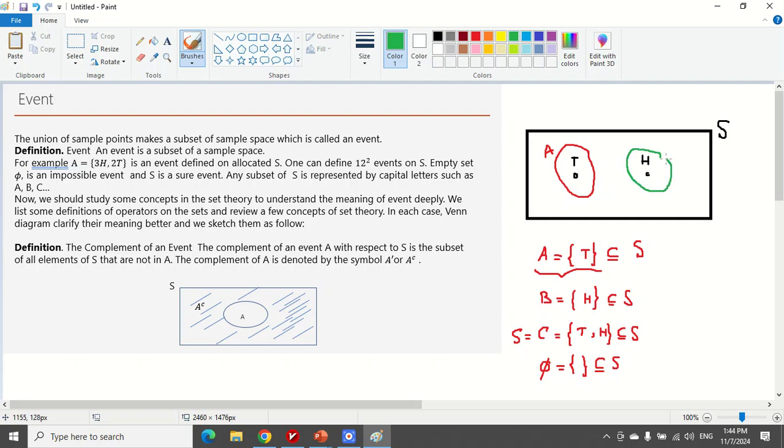As I said, the H by itself is determined by B, and both of them determined by C, and the phi set is a set that contains nothing. So these are all the events over here, means that A, B, C, and even the phi set, which is the impossible event. All of these are subsets over there, and all of them are events over there.